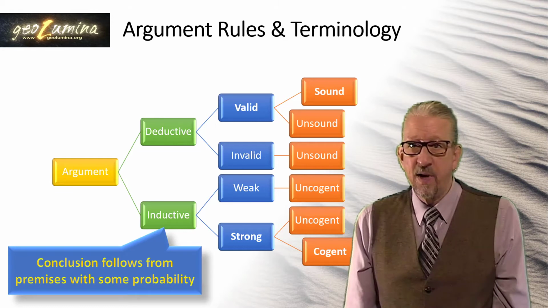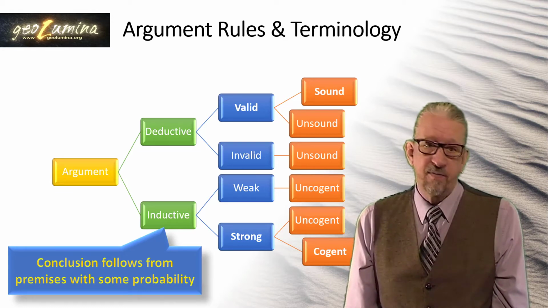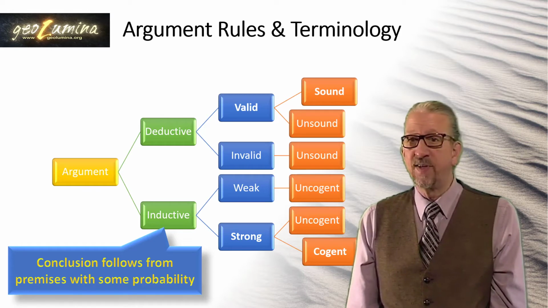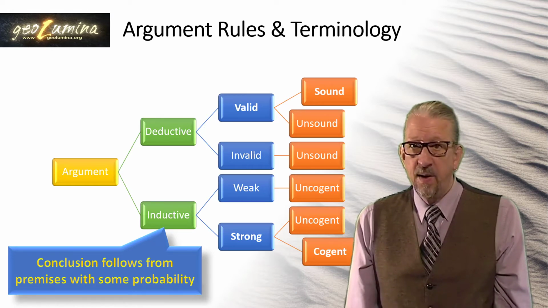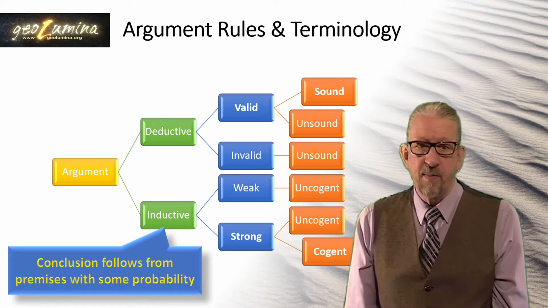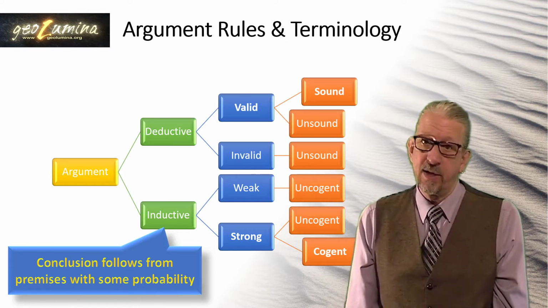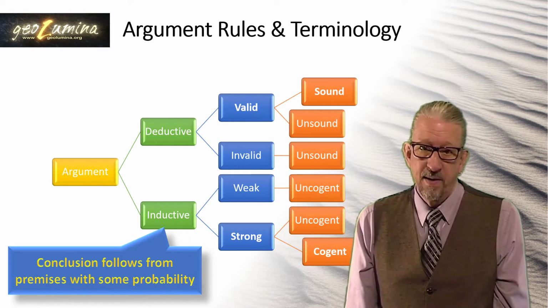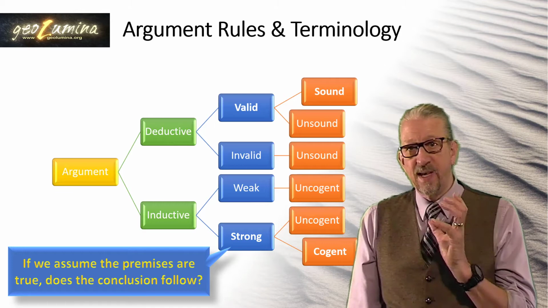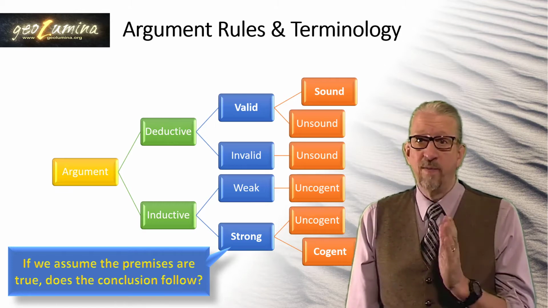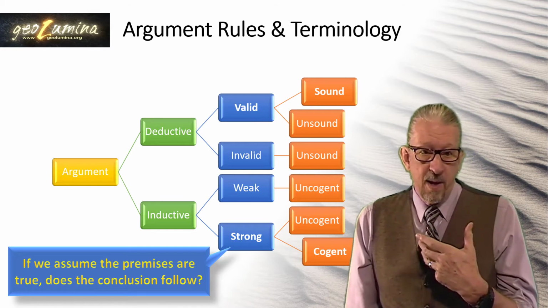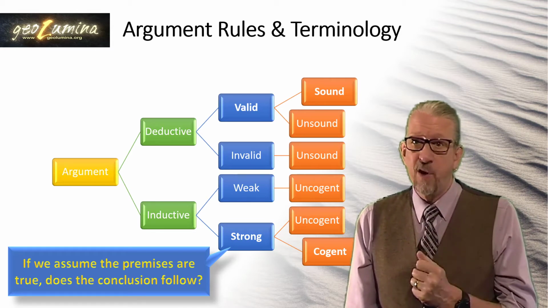We can follow a similar path through the inductive route. So if the conclusion follows from the premises with some probability, so we haven't got that certainty in our premise, we've only got some probability, then it is an inductive argument. And we can go to the next stage and just think in terms of if all of the premises were true, which they might not be, then does the conclusion follow?